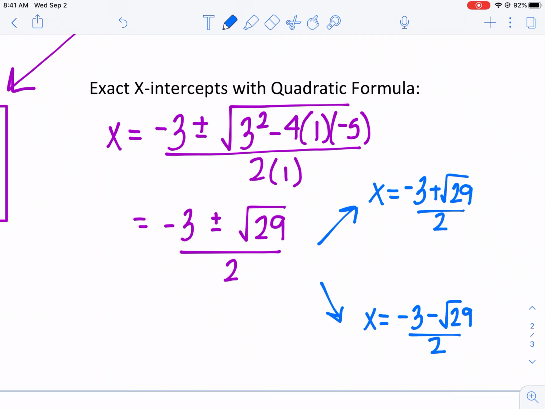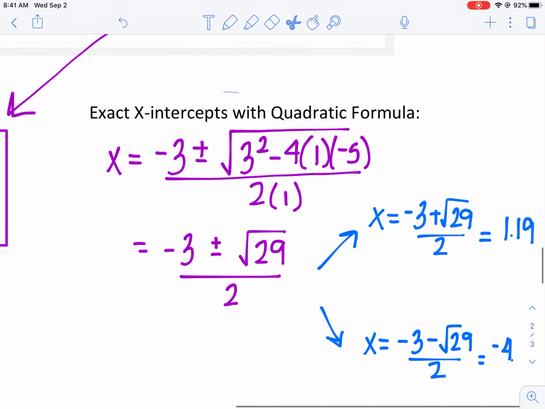Make sure you fully simplify the numerator, then divide by 2. When I do that, I get 1.19. On the bottom, completely simplify the numerator, then divide by 2. Oops, I'm running out of room. Sorry about that, guys.